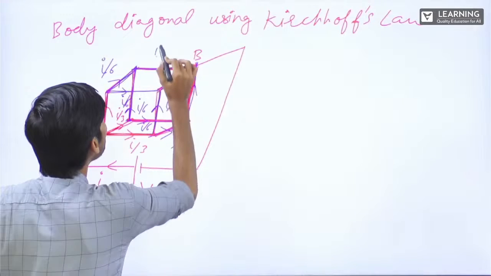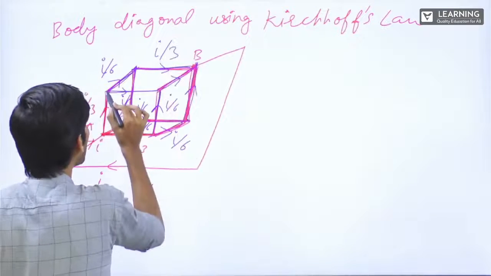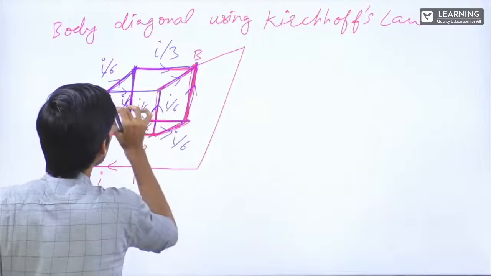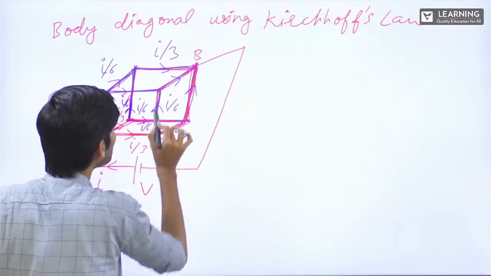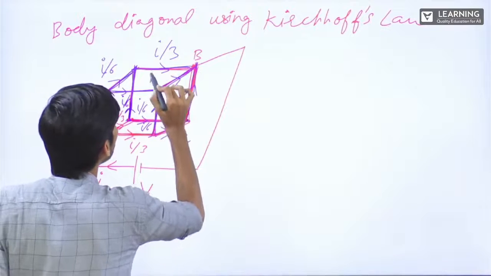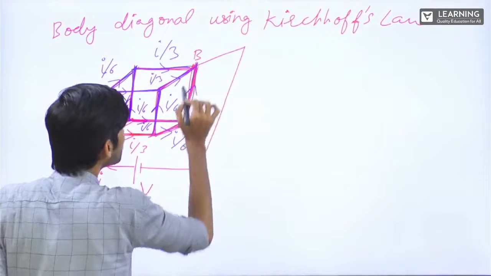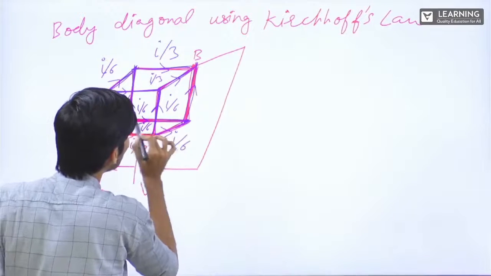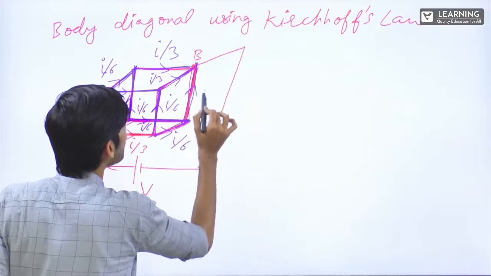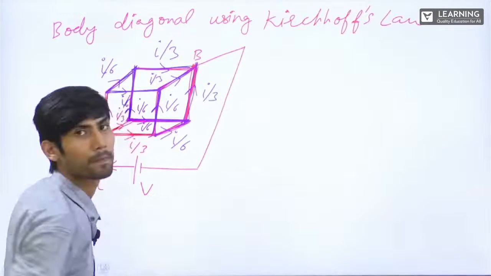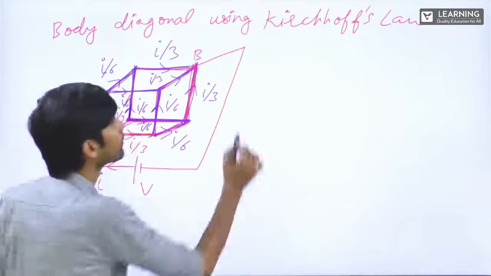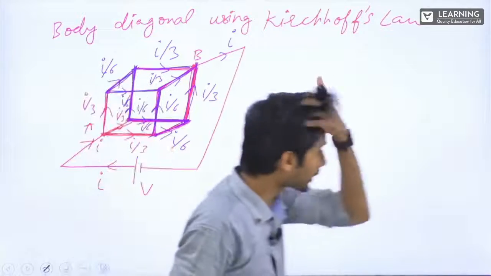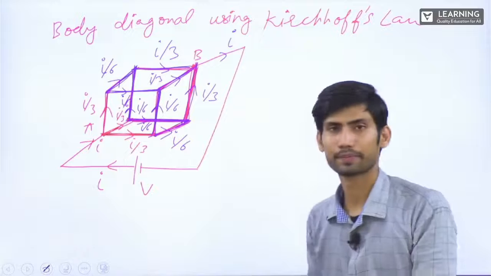So here it will be I by 6 plus I by 6, they will join I by 3. Here also I by 6 is coming from here, I by 6 is coming from here. So this will be I by 3. Here also I by 6 is coming from here, I by 6 will come from here. So this will also become I by 3. I by 3, I by 3, I by 3 all joined together, this will become I and it will go to the battery. So our current distribution was correct.